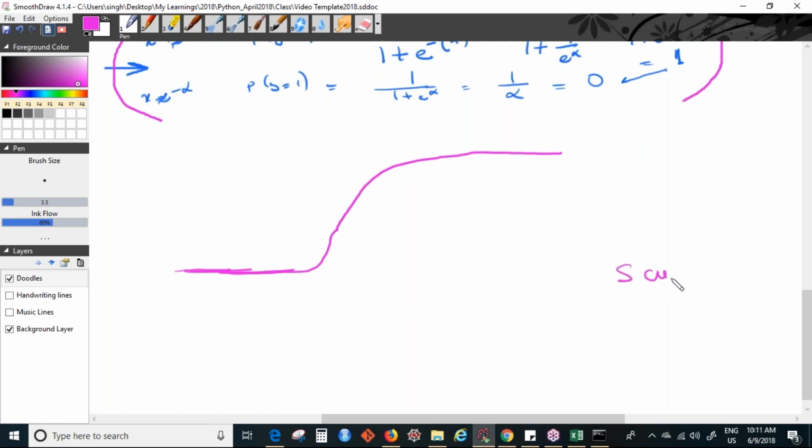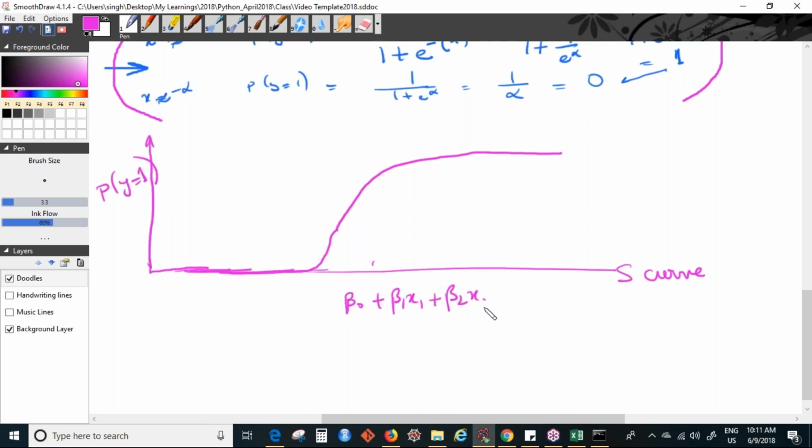It is also known as S curve, where on the y-axis you have probability, and on the x-axis you have your linear regression line. So remember this, guys. This is how the curve looks like.